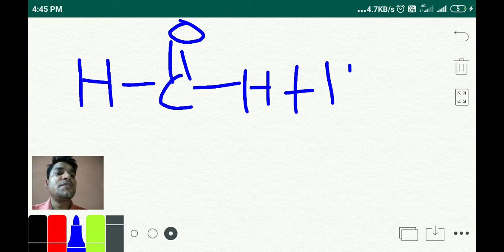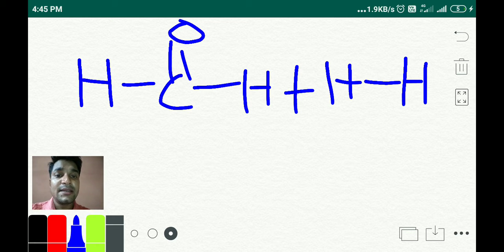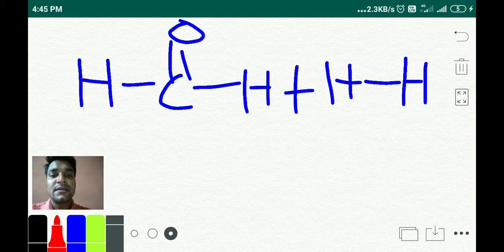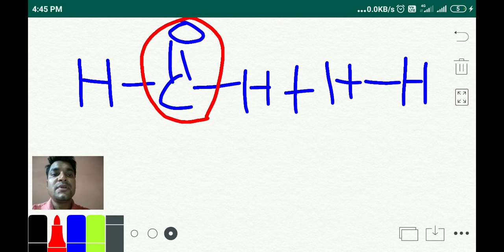Hydrogen molecules are there. When the free radical mechanism is going on, in this carbonyl group the pi bond breaks down, and homolytic cleavage occurs.